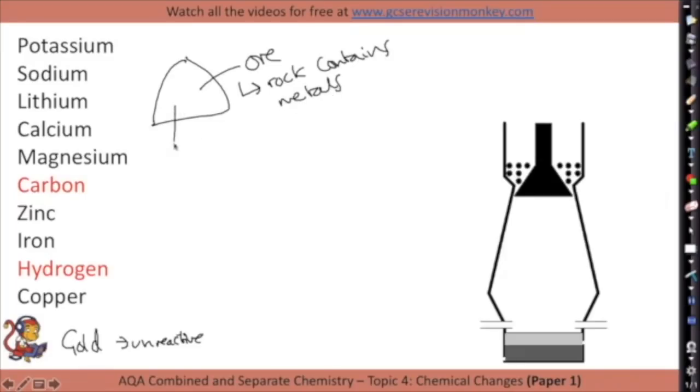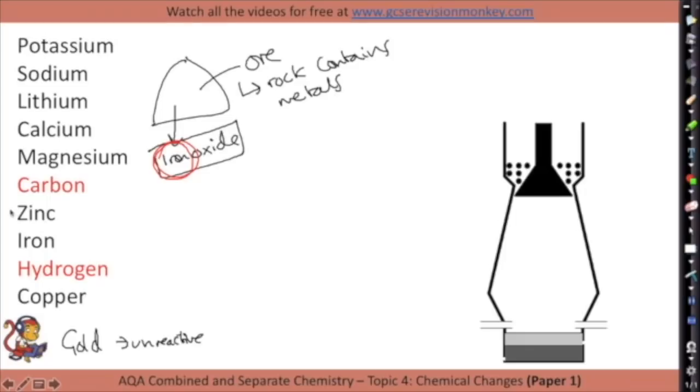For example, this rock could be iron oxide. But when coming to extract metals, we need to take that iron oxide and actually take the iron out of that rock. And there might be other impurities in there as well. There may well be sulfur and carbon in the rock and things like that.